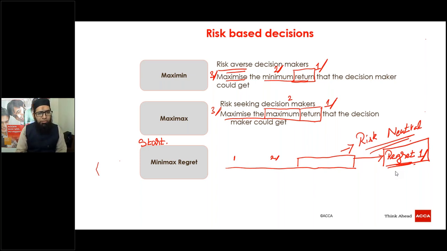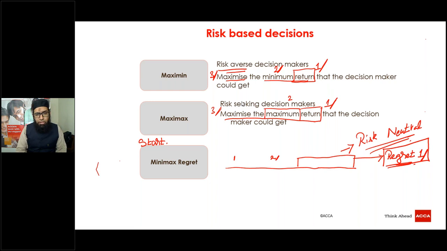Abisha has asked me for a brief discussion on minimax regret. I will be starting from the minimax regret. This will be my first point, because yesterday we discussed maximax.